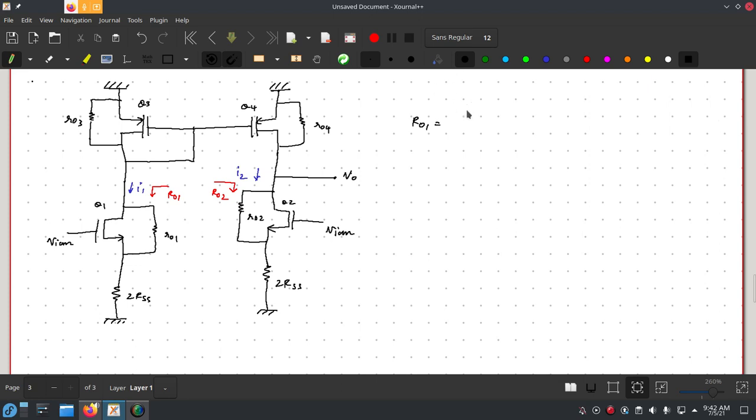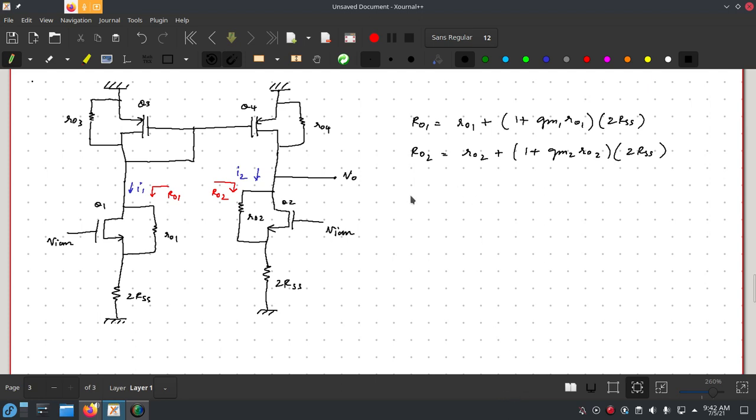So capital R01 will be small r01 plus 1 plus gm1 times r01 into 2 RSS. Similarly, R02 will be r02 plus 1 plus gm2 times r02 times 2 RSS. Remember this type of formula which we have seen already in cascode amplifiers. Same thing here.